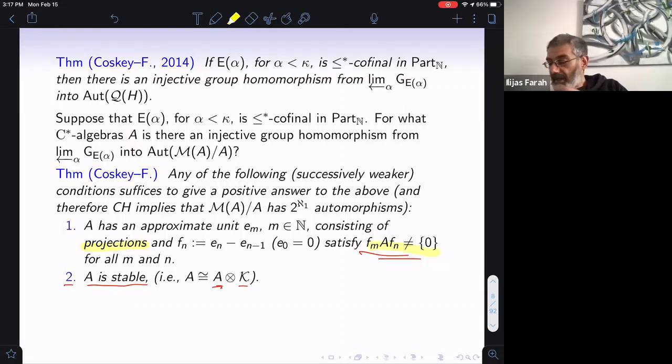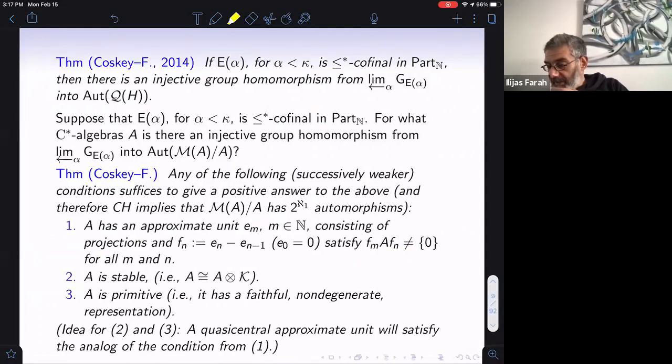Now, before I say why that is so, let me look at the next example. A is primitive. What that means is that it has a faithful non-degenerate representation. Basically, it's far from being abelian. Now, the idea for 2 and 3 is basically that you're using this proof here.